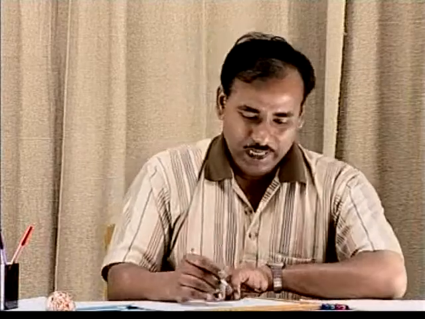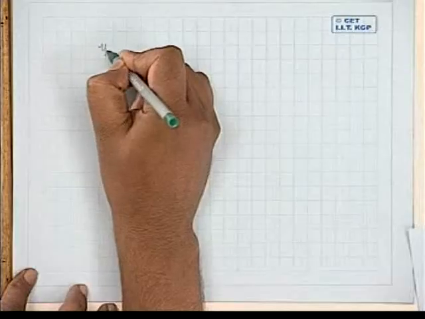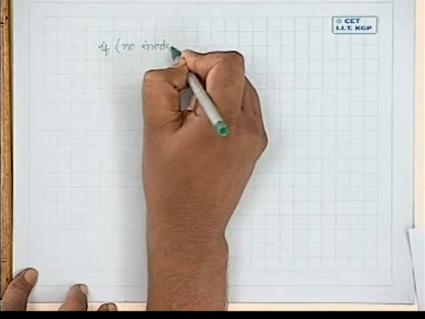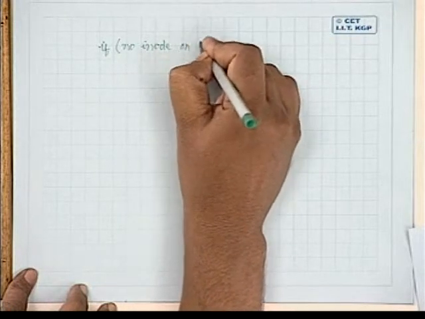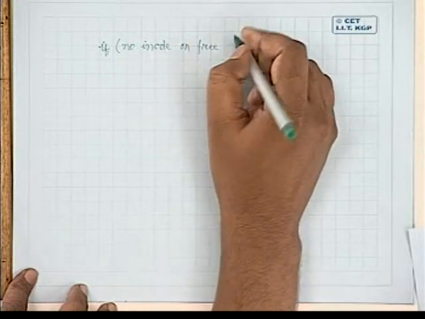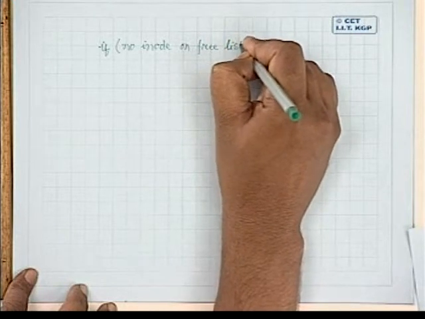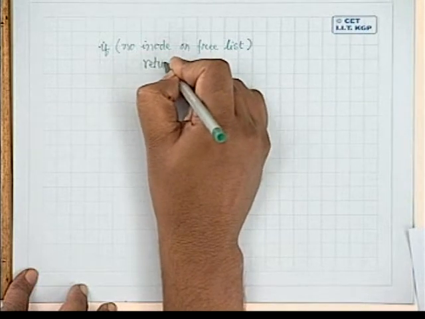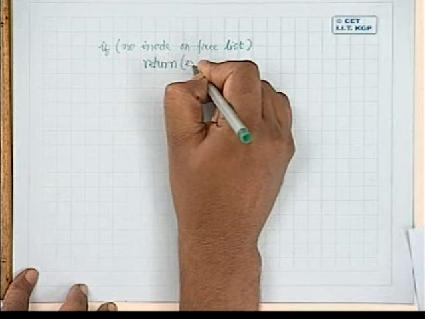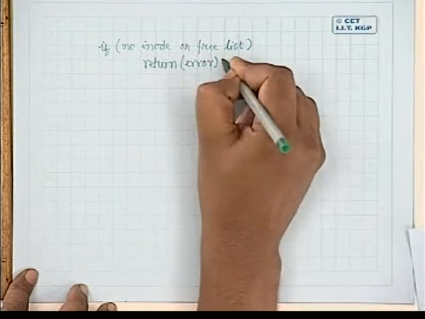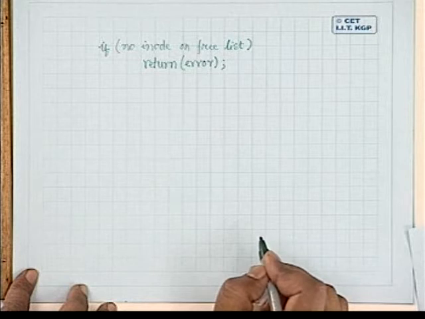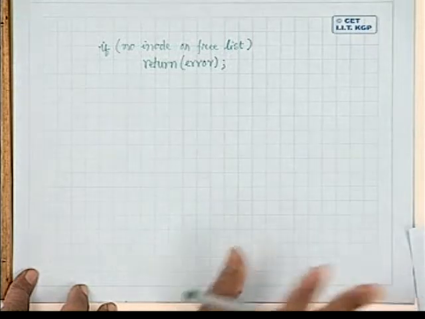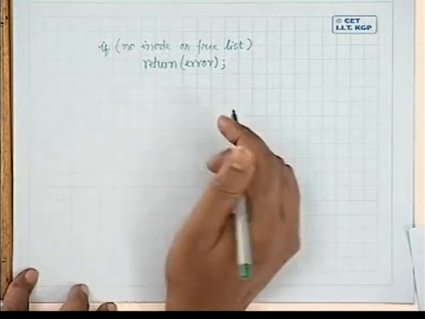So here we check that if no inode on free list, then you return with an error. Otherwise, if there is an inode on the free list, then that inode can be used for loading the new inode from the disk.